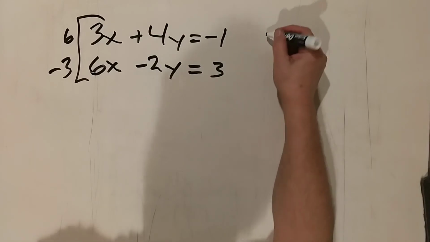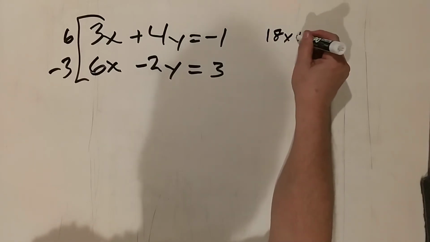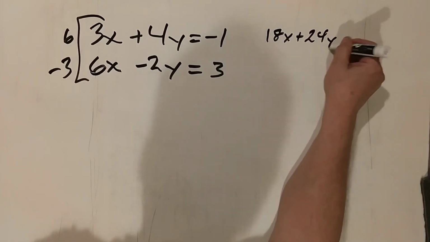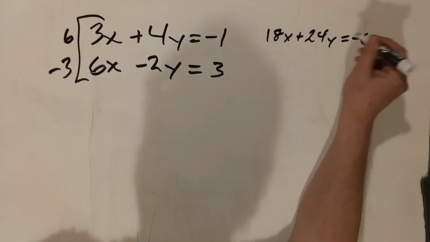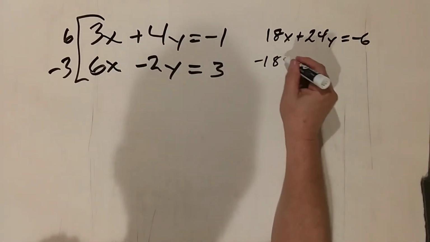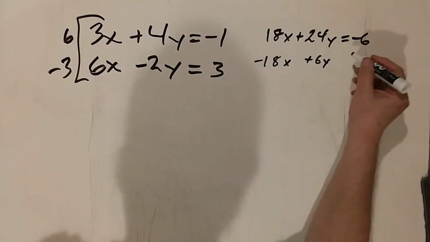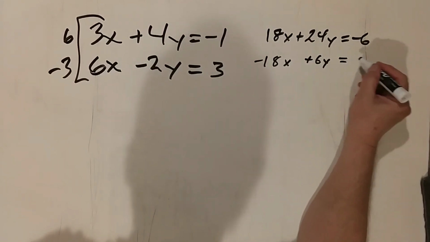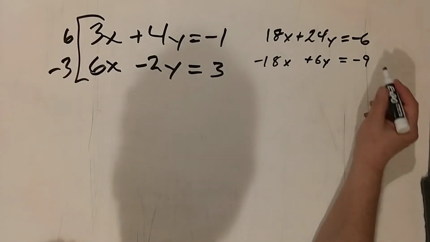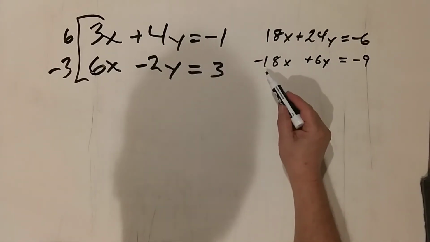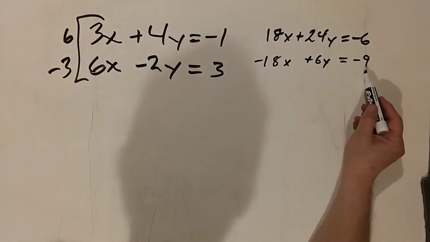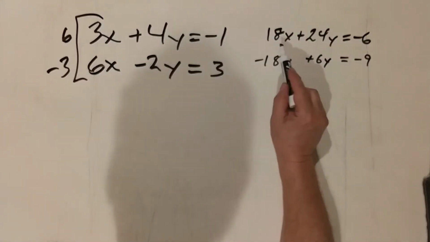I get 18x plus 24y equals negative 6. This gives me negative 18x plus 6y equals negative 9. Check my multiplication. 18 plus 6, negative 9, 18, 24, negative 6.